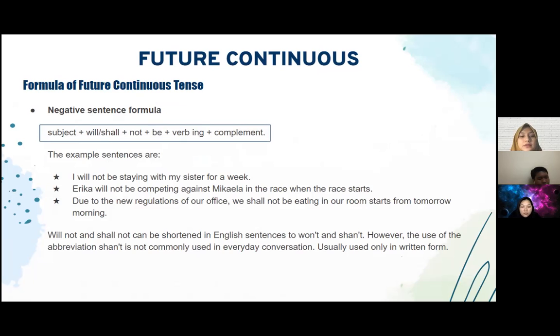Due to the new regulation of our office, we shall not be eating in our room, starting from tomorrow morning. Will not and shall not can be shortened in English sentences to won't and shan't. However, the abbreviation shan't is not commonly used in everyday conversation, usually only in written form.